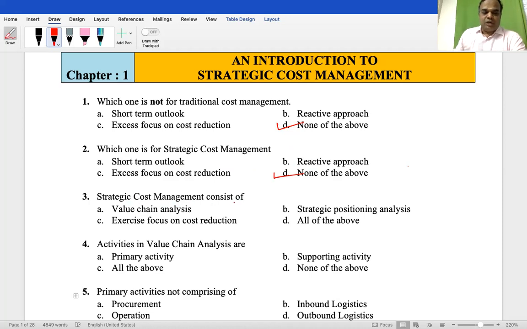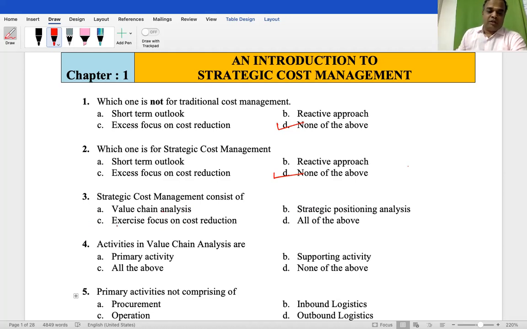Strategic cost management consists of value chain analysis, strategic positioning analysis, excess focus on cost reduction, all of the above. Excessive focus on cost reduction may not come, am I right or not? Yes. Value chain analysis, strategic position analysis.